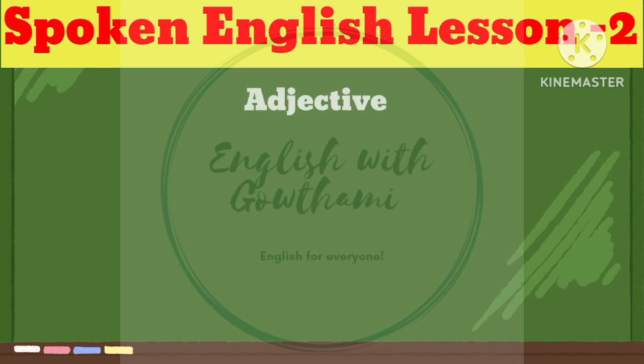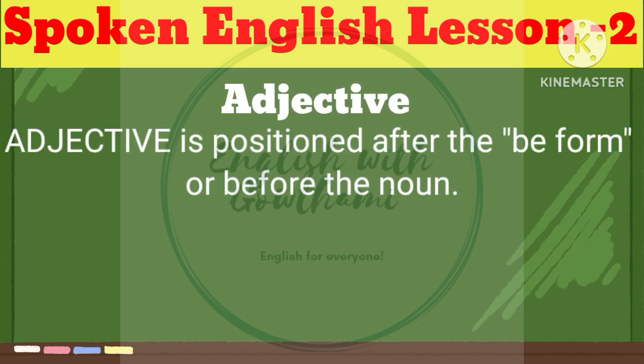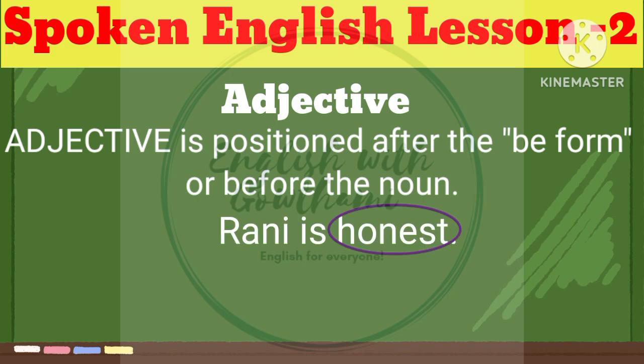Now coming to adjective. An adjective is positioned after the be form or before the noun. You will clearly understand if you see the examples. You know be forms, right? Is, am, are, was, were, will be. Rani is honest. In this case, honest is the adjective.